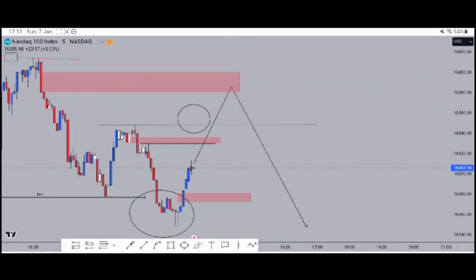Because we've set the tone with this breakdown below and the raid here, people are now thinking that it's good for buys, so they'll probably begin to sell around this area using the Fibonacci retracement or whatever, and obviously they will put all of their stops where this red line is on the previous high. So this move that I'm thinking is probably more likely because there's probably a lot of people selling right now on the lower time frame.